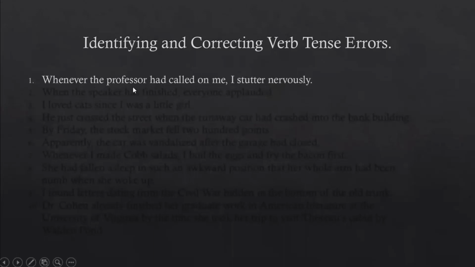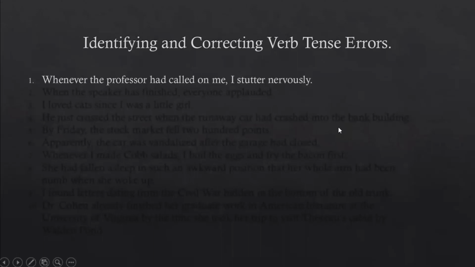From reading the sentence, it suggests to me that these things are happening at the same time. The professor calls on me, I stutter. So one solution here is to just do the whole thing in the present tense. "Whenever the professor calls on me, I stutter nervously." Very simple, right? And appropriate.